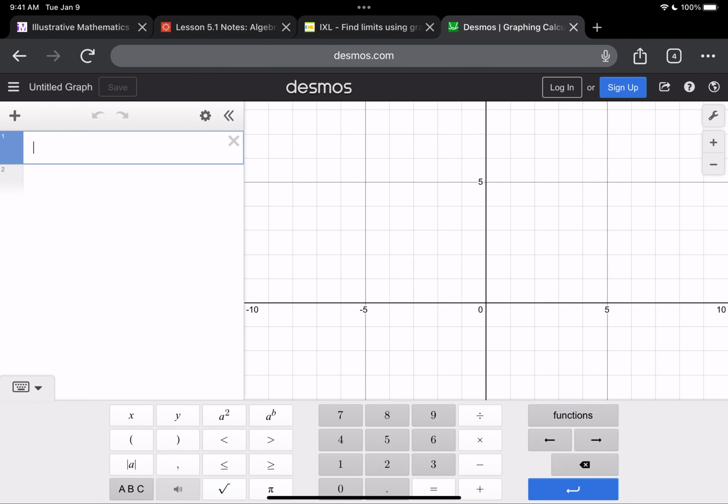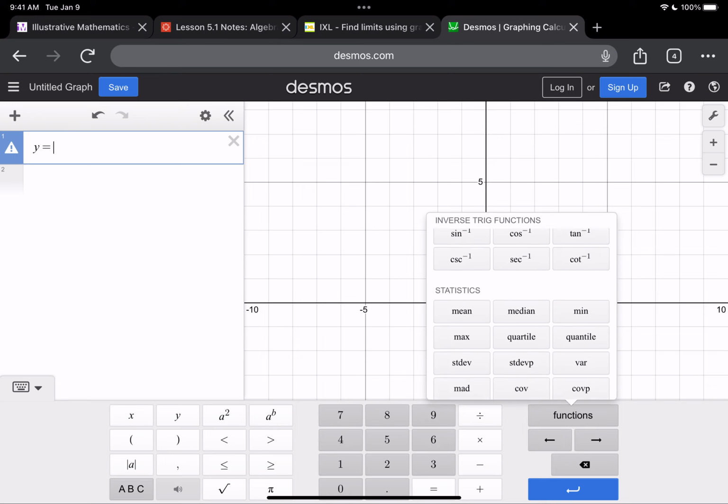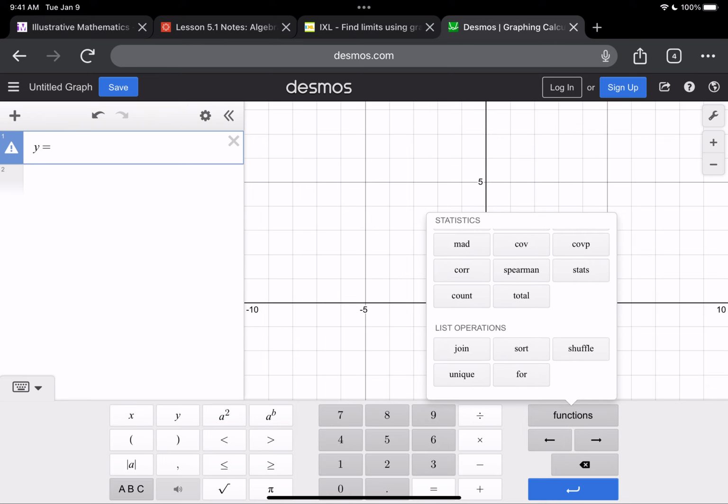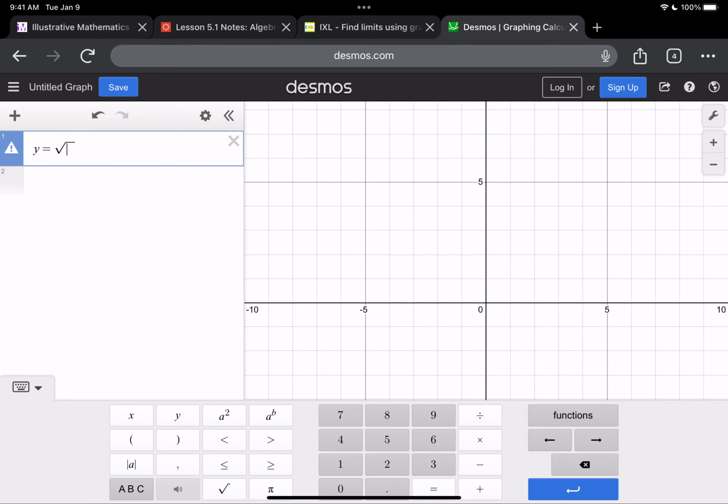If I have my y equals square root of x, that's what the graph normally looks like.